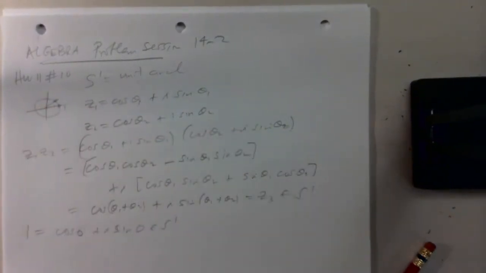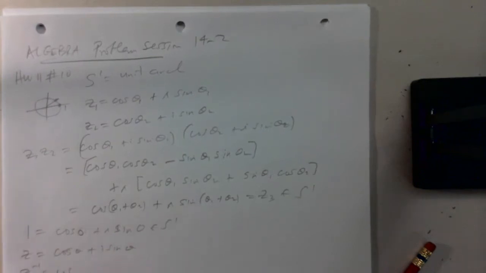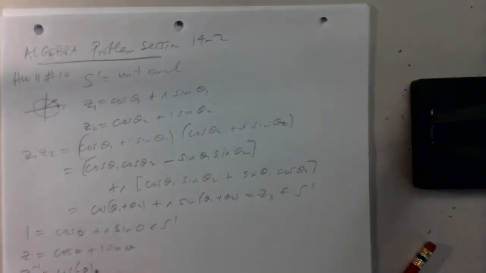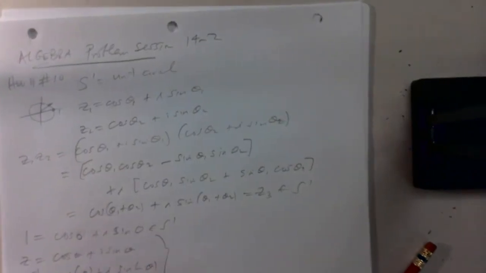And what is the inverse? If you have z equal cosine theta plus i sine theta, z inverse is cosine of the angle minus theta plus i times the sine of the angle minus theta.